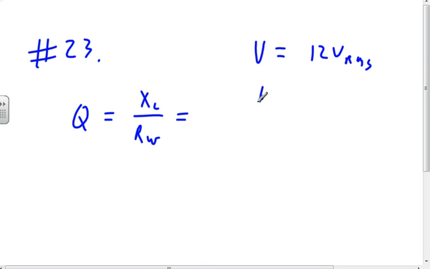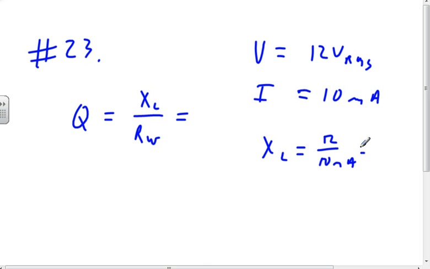All right, and the current is 10 milliamps. I can't buy a peak meter. Oh, I can buy a peak meter, but I don't have one. So X of L has to be 12 divided by 10 milliamps. Is that 1.2 K?